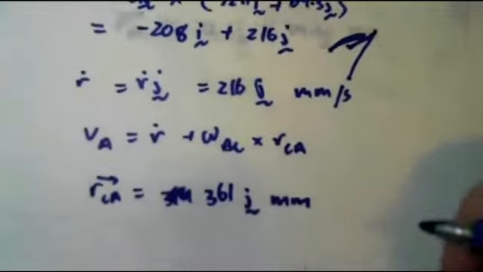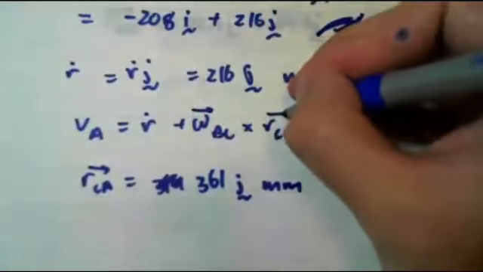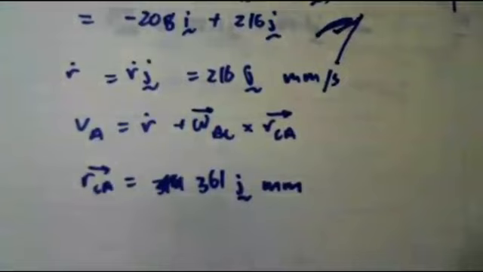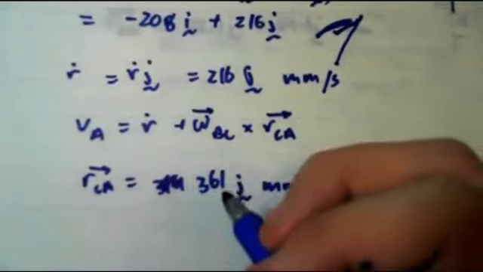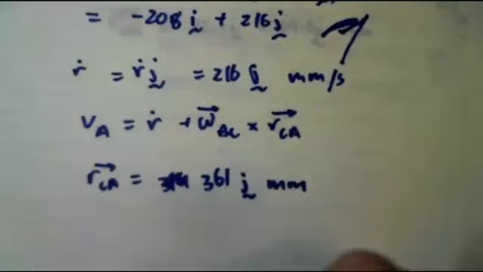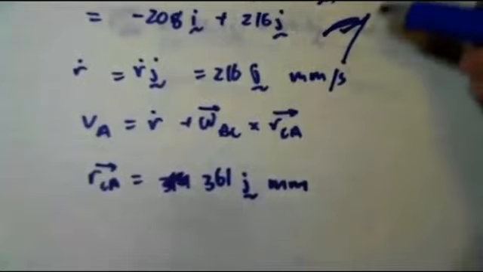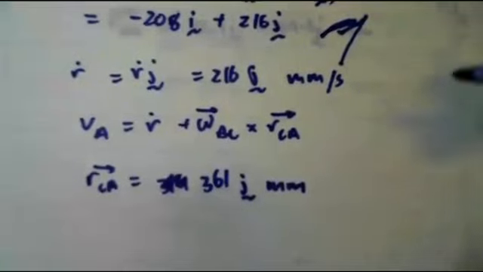Now we know that our omega BC term, this is a vector and this is also a vector, is in the k direction, but it's unknown. So we're trying to find the rotation of BC. So the R dot term represents the velocity of the block A sliding backwards and forwards along this block, while BC is not rotating.